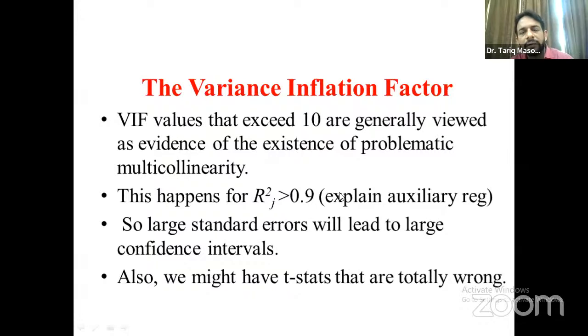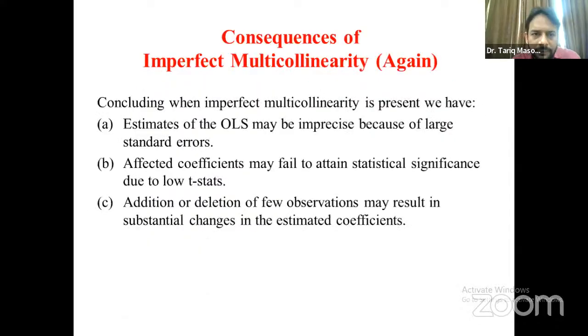So when the value of R square is more than 0.90, the value of VIF is 10. More than 90% value of coefficient of correlation is a very high value. That means when VIF is more than 10, it is problematic. It shows that there is high correlation between variables. So you can simply use VIF, and you can use graphical methods also.